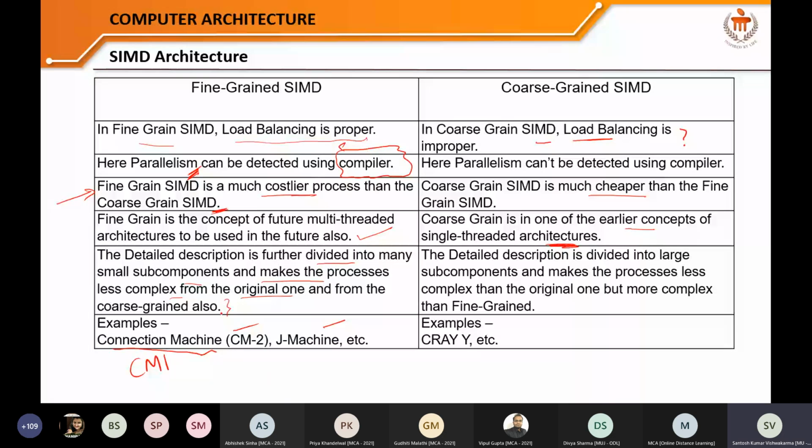And if we come to the second part, the detailed description is divided into large subcomponents, that was the definition point of view also, and it makes the processes less complex than the original one.